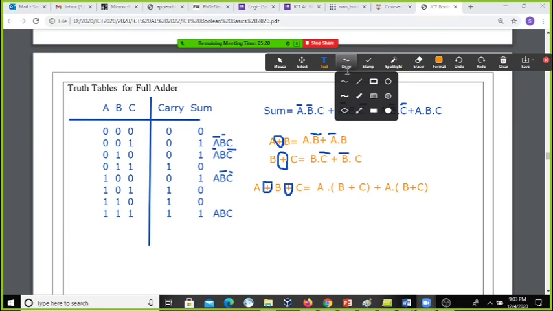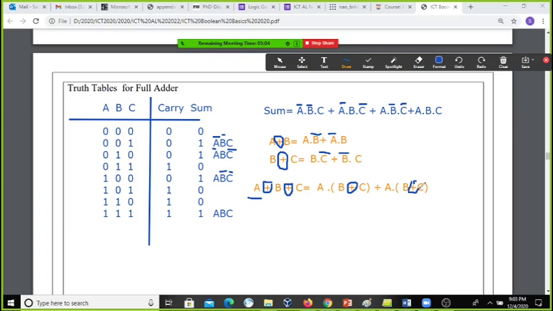Now here I can assume this A is a separate term and these two are separate terms. Then you can write A and B exclusive C as one term, and we can have that one as it is. According to this, if I have AB, I can write AB bar and A bar B. According to that, you can take A as one term and BC as another term.